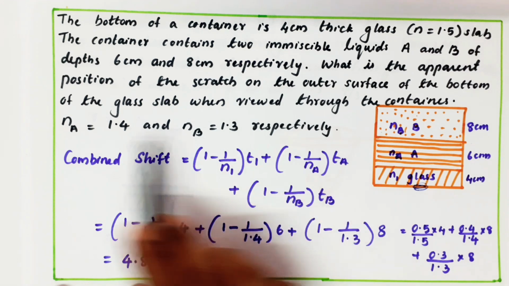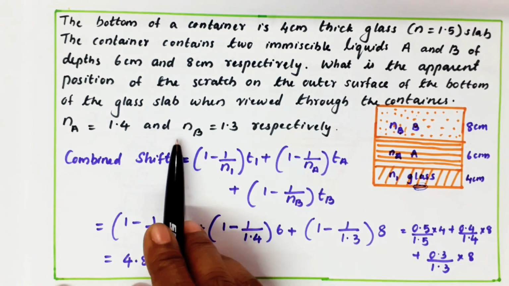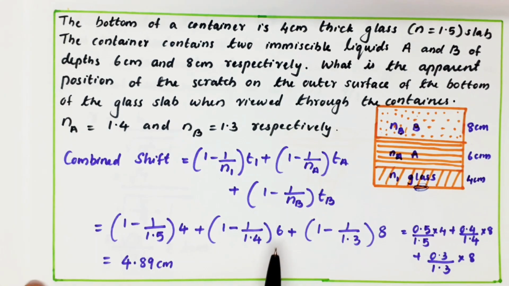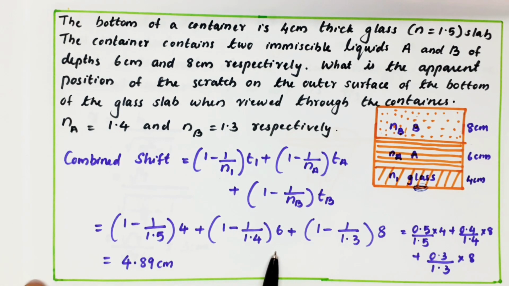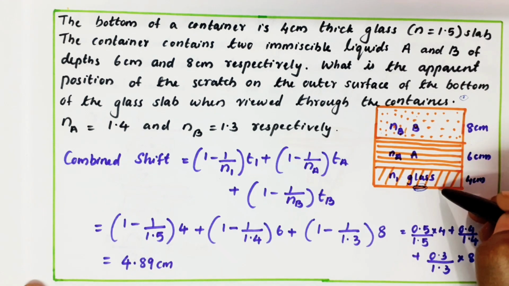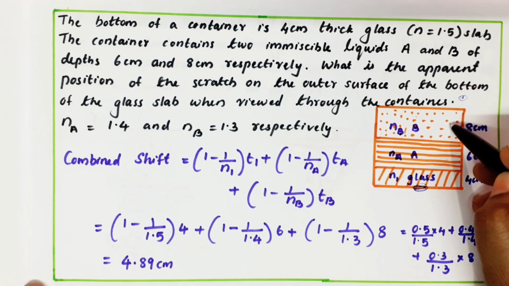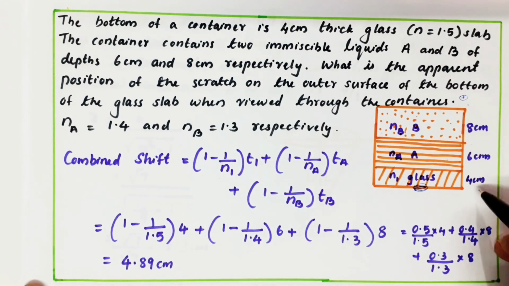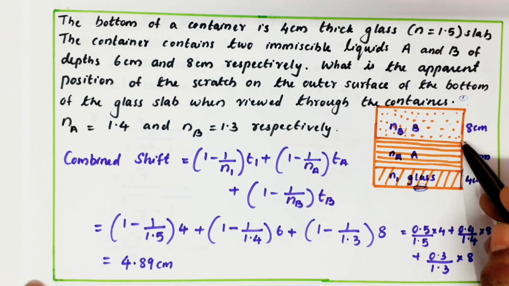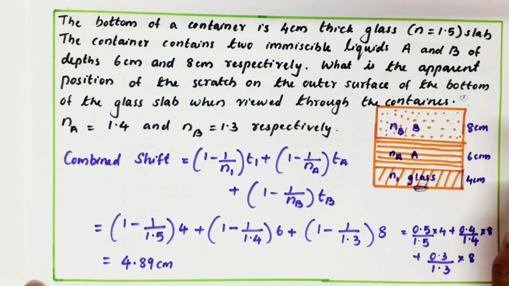They gave the refractive index of A as 1.4 and of B as 1.3. In the previous video, I gave the shortcut equation for this. Very important question. We are viewing from here. Down is glass, then liquid A, then liquid B. All the heights they gave: 4 cm is the thickness of the glass, 6 cm for the first liquid, 8 cm for the next liquid. And all the refractive indices we also know.